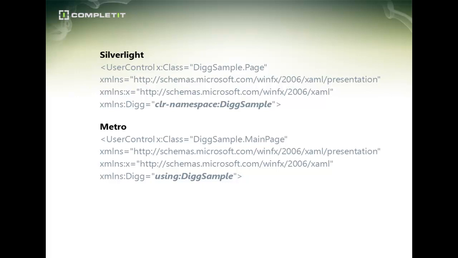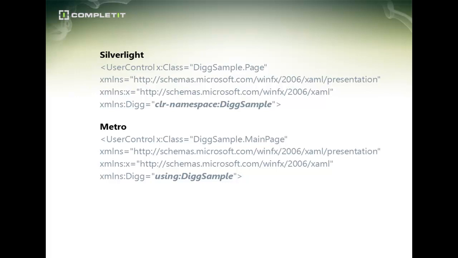You have an XML namespace with x as the name, and then one with the name dig, which is actually defined by clr-namespace:dig sample. In Metro, this same identical application would be defined with our using statement.